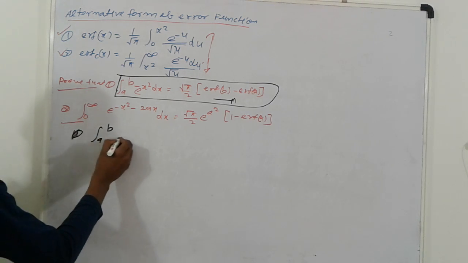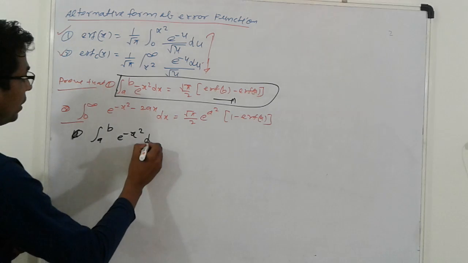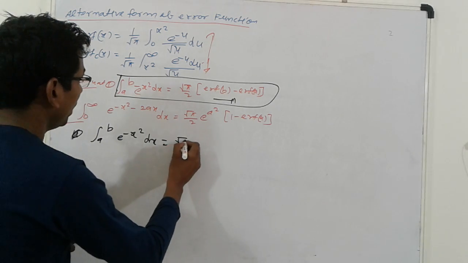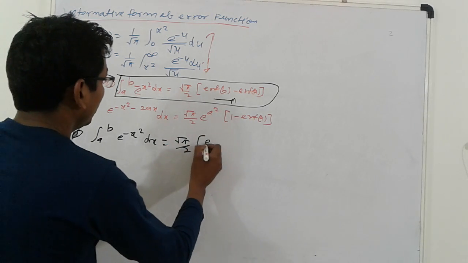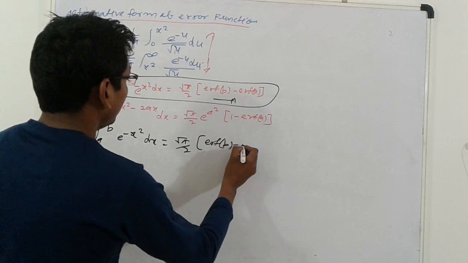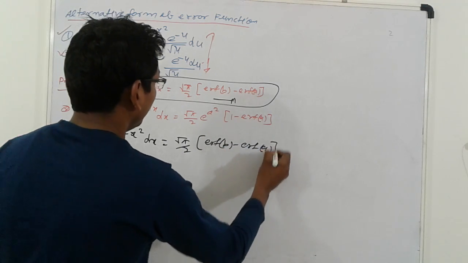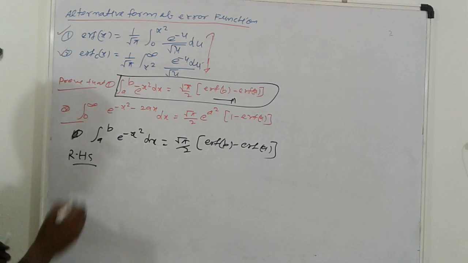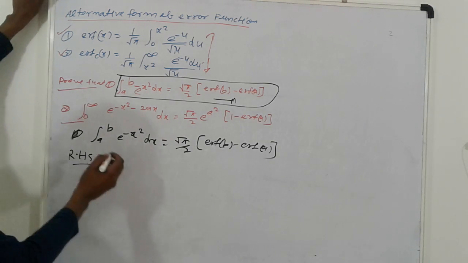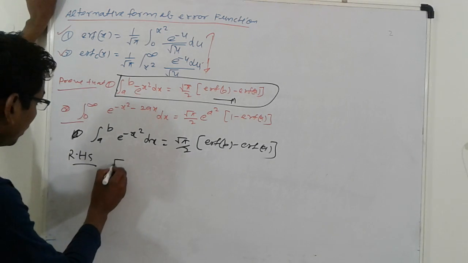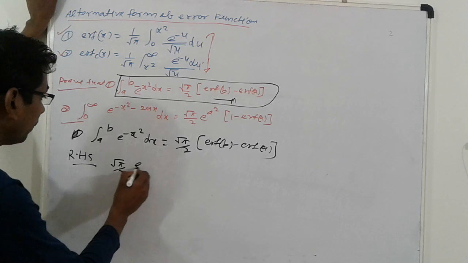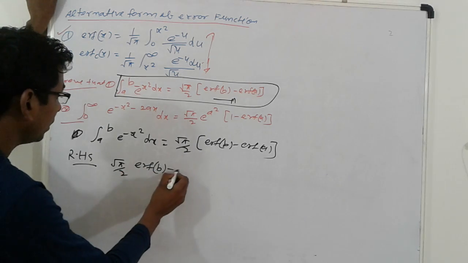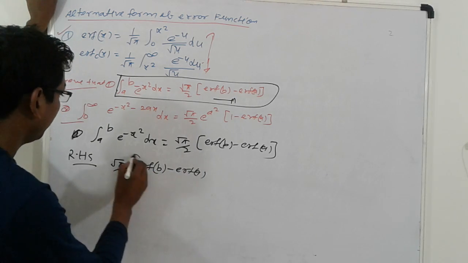So take the first problem, that is 1. a to b e raised to minus x square dx is equal to under root pi upon 2 into error of b minus error of a. So RHS, the right hand side portion: under root pi upon 2 error of b minus error of a.